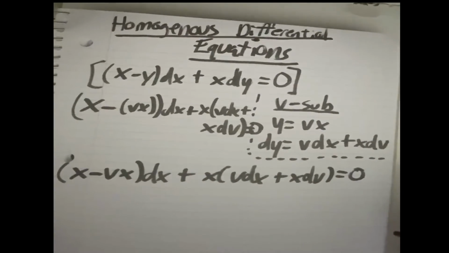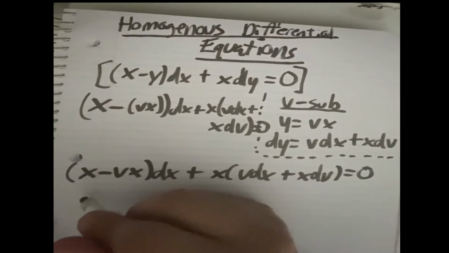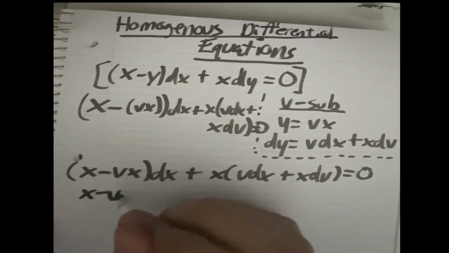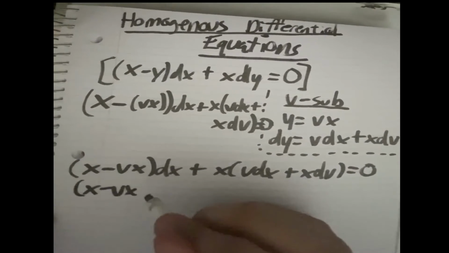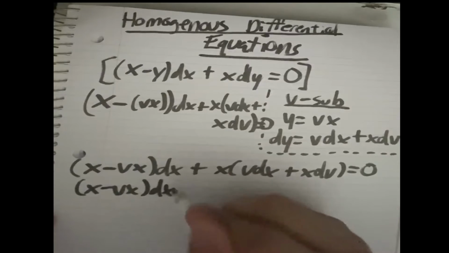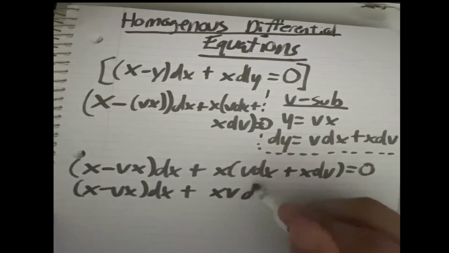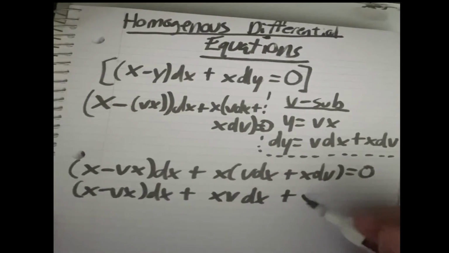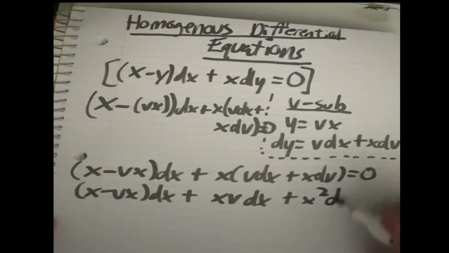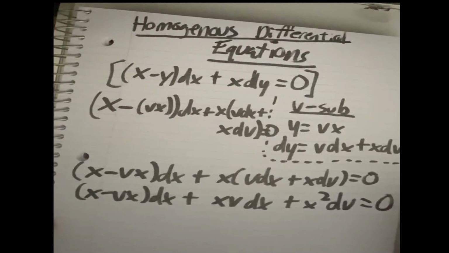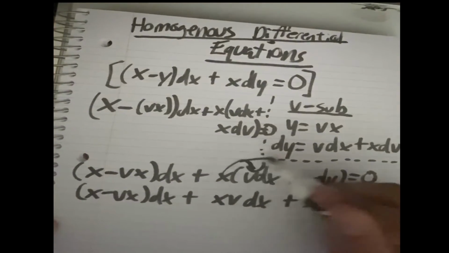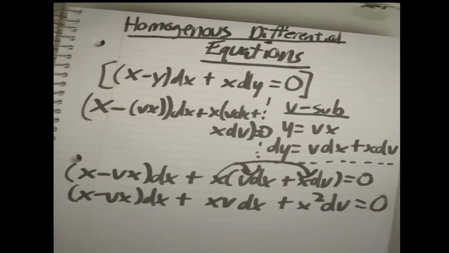So what we're going to do now is simplify and distribute just using basic algebra. So x minus vx dx plus xv dx plus x squared dv is equal to 0. And all I did there was just distribute the x into both of these terms.